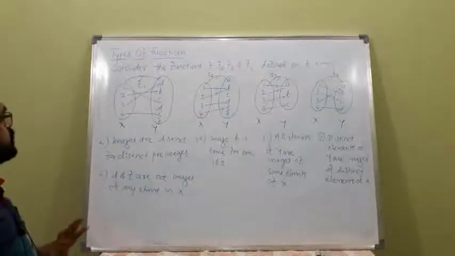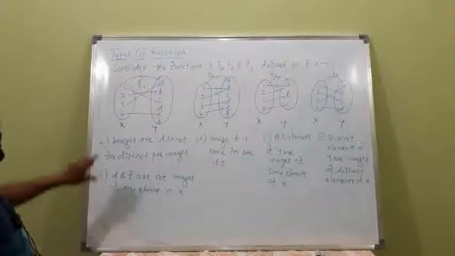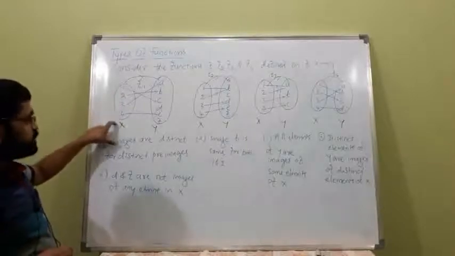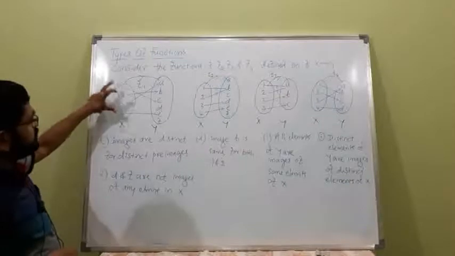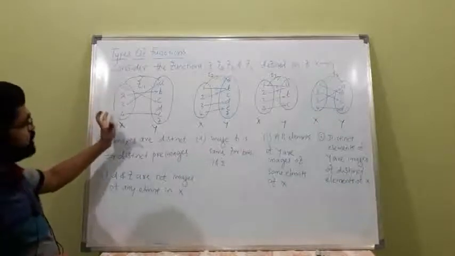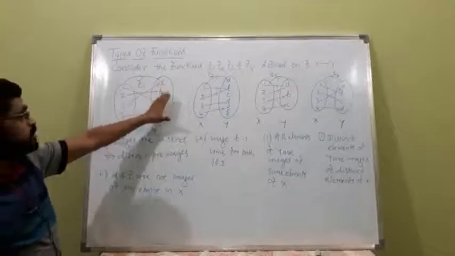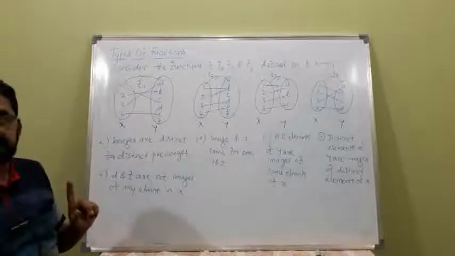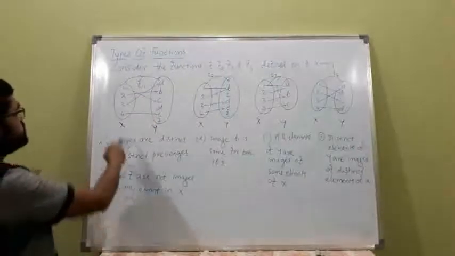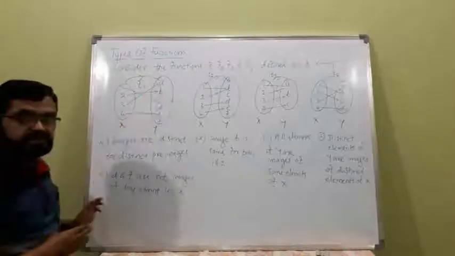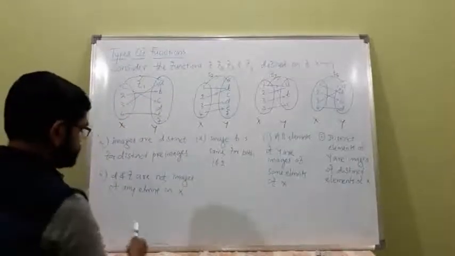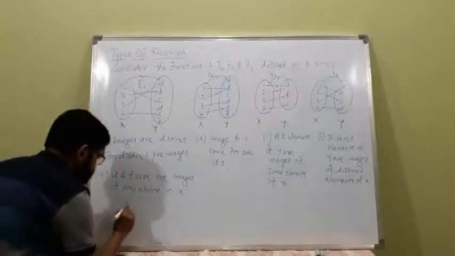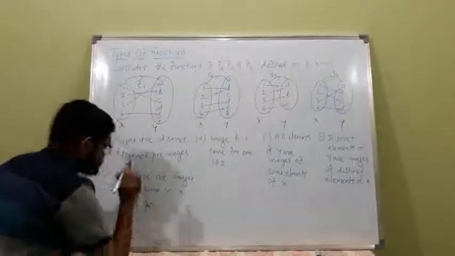So if distinct elements of the domain have distinct images in the codomain, then that is called a one-to-one function. Distinct pre-images should have distinct images. So this is called a one-to-one function.